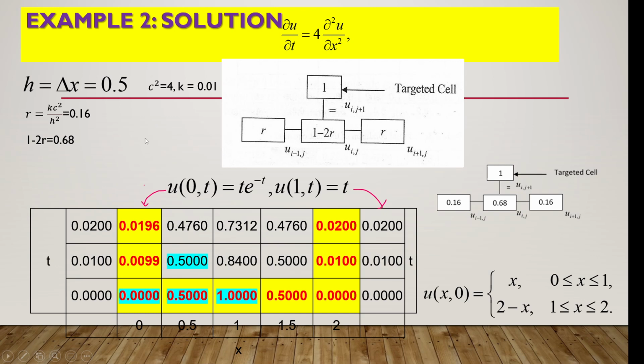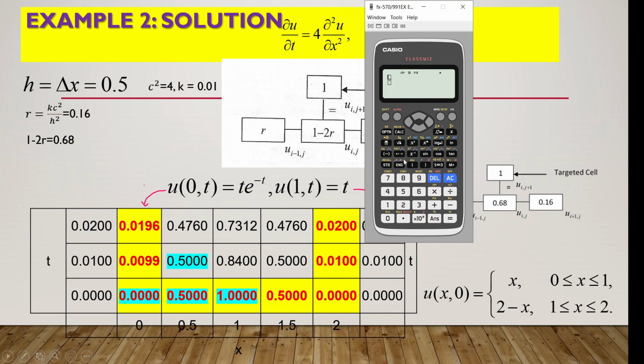Given h is 0.5, c squared from the heat equation, the coefficient for ∂²u/∂x², is 4, and k is Δt, which is 0.01. You calculate R as k c squared over h squared. Let me calculate it.